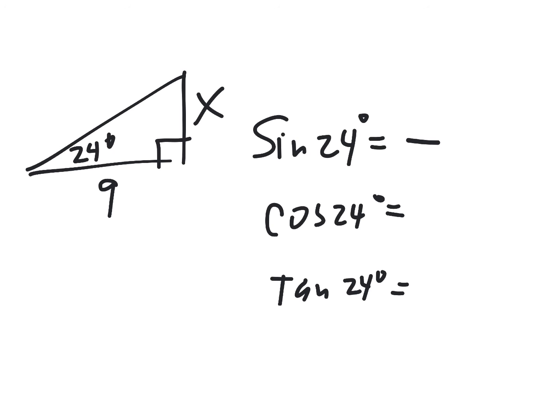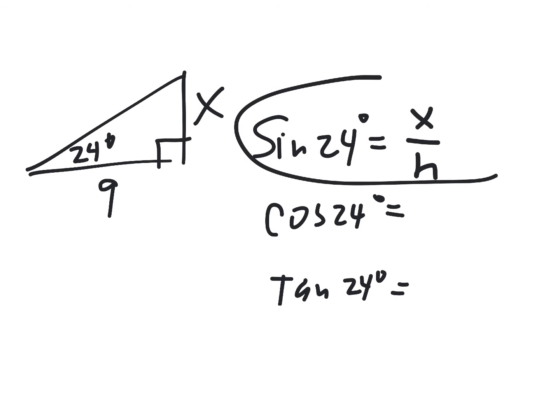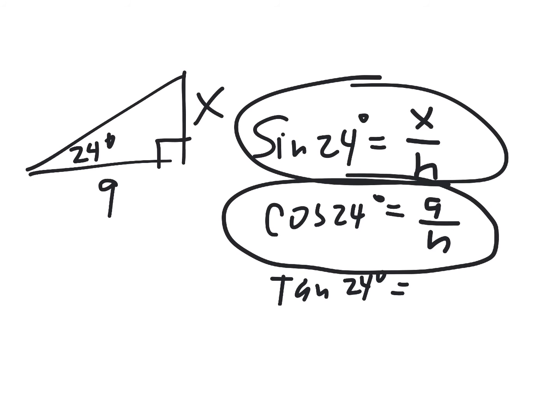So sine is X over the hypotenuse, which I don't know. Do you get how that one's not going to be very useful? Okay, so I'm not using that one. Cosine is adjacent over hypotenuse, 9 over the hypotenuse. And that would be great if I wanted the hypotenuse. Okay, so this would solve, but it would solve for H. But I don't want H. I want X. So tangent is TOA, which is opposite over adjacent, which is X over 9.